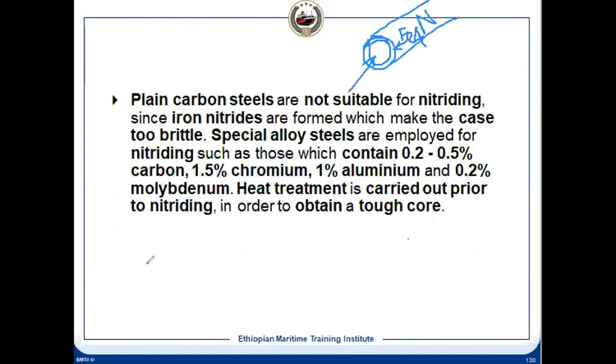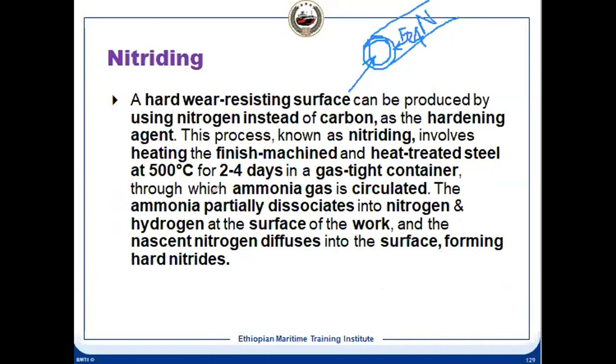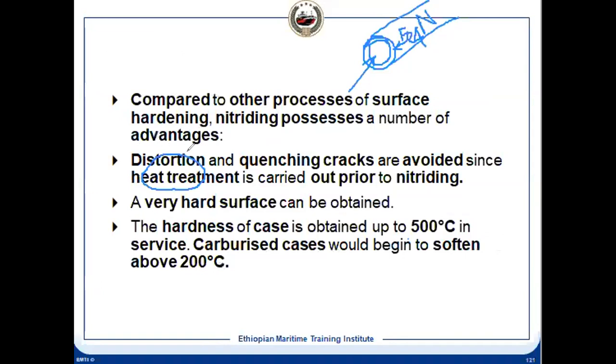So it is at elevated temperature. It is kept at 500 degrees centigrade. We increase the temperature of the metal very slowly, we don't give thermal stress, and we increase to 500 degrees centigrade. After that, we start circulating the ammonia at this temperature and keep it for 2-3 days. So the temperature we have increased, that's why, if you see this diagram, distortion means there is no quenching effect. We keep it for that day, and then slowly we reduce the temperature, because it will diffuse only on the surface.